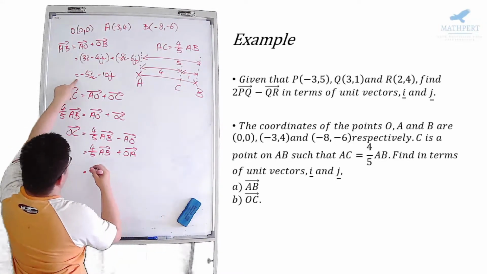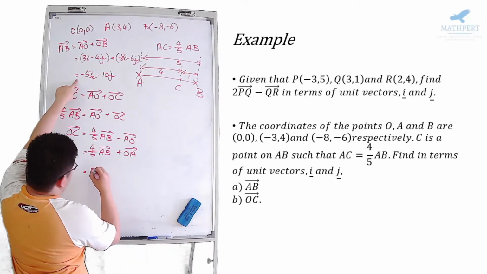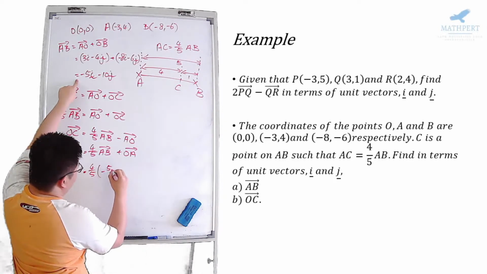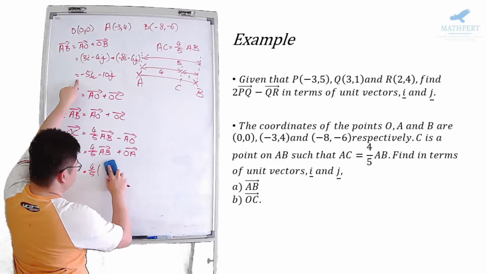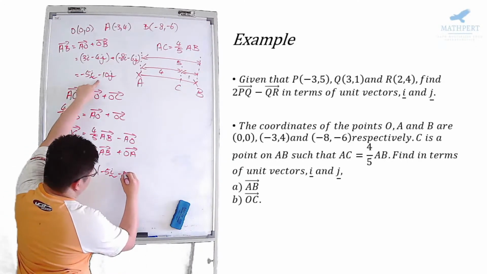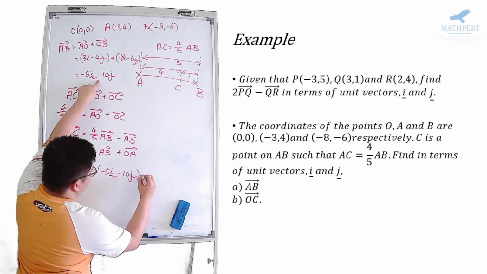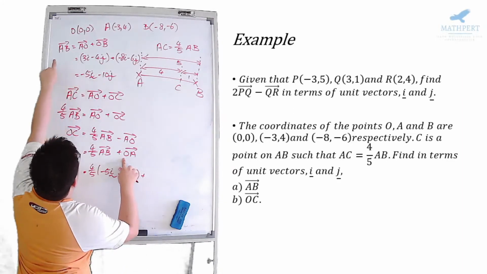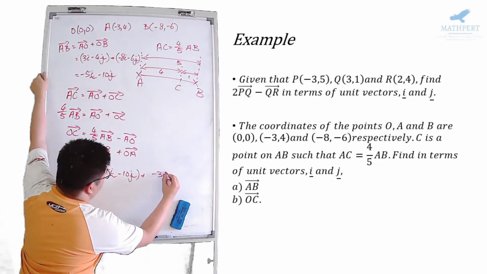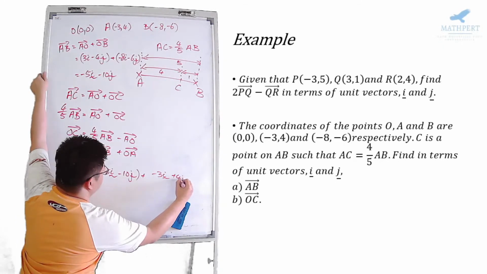AB is this one. So 4 over 5 multiply 5i, negative 5i minus 10j, plus OA. OA is negative 3i plus 4j.